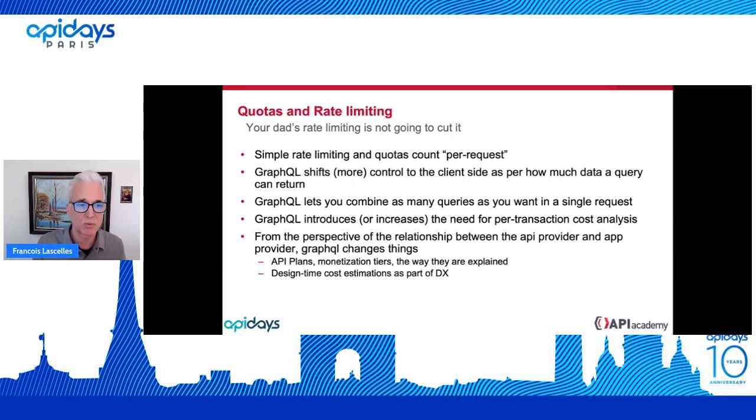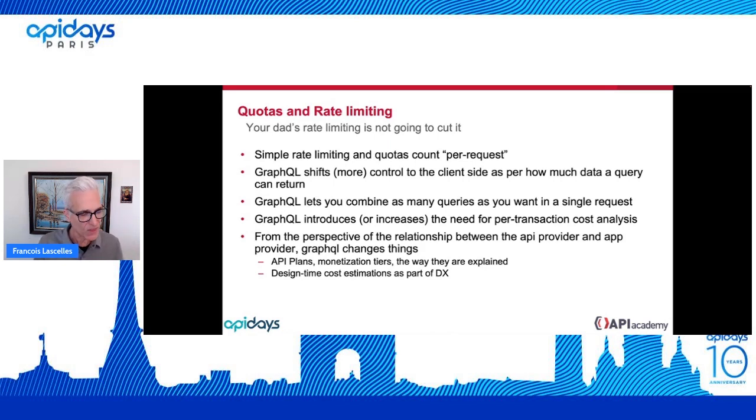You really control how much data comes back with GraphQL, more so than with REST APIs. On top of that, a GraphQL query can combine as many queries and mutations as you want in a single request. So the whole concept of transactions per second or transactions per day is not as relevant anymore.